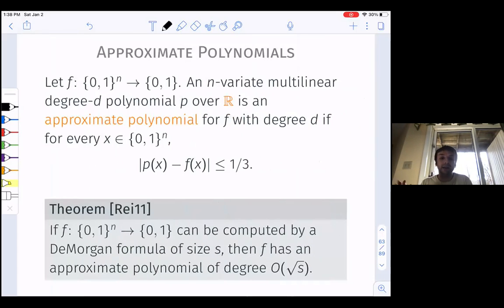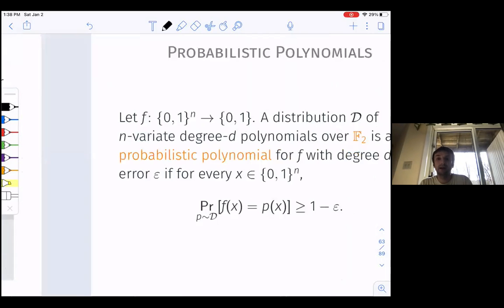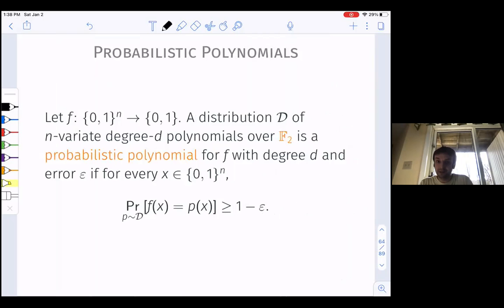Now, we'll use this beautiful result by Reichardt that says that every function from n bits to 1 bit that has a De Morgan formula of size s can also be computed by an approximate polynomial of degree square root of s. Now, probabilistic polynomials.